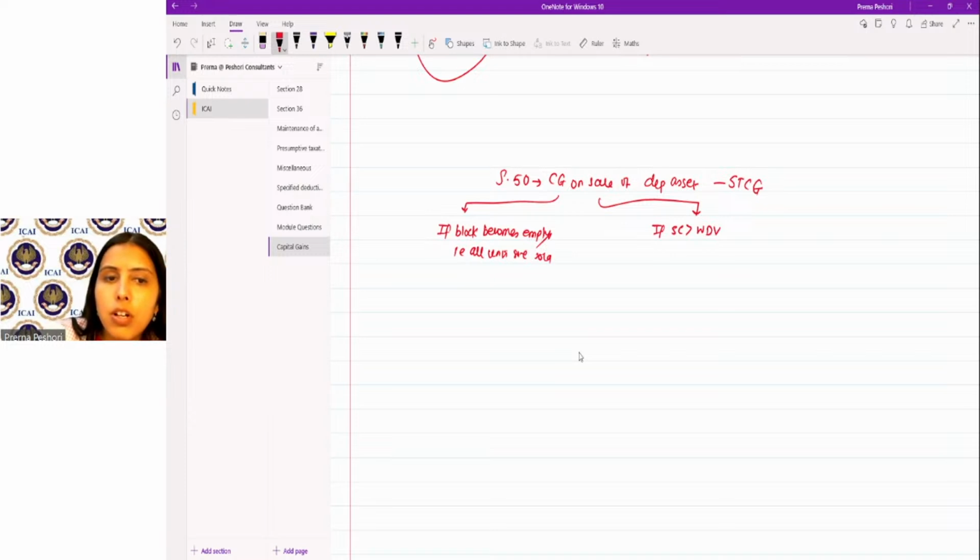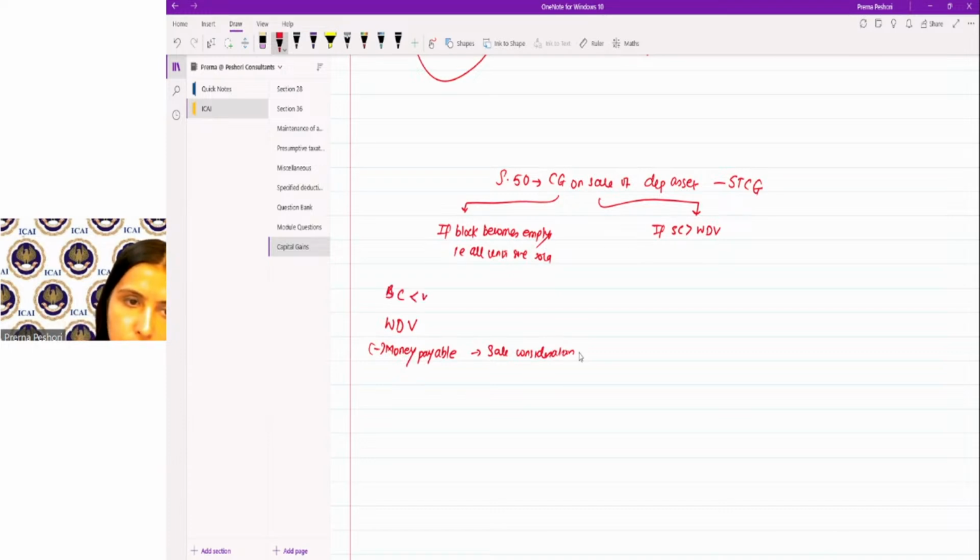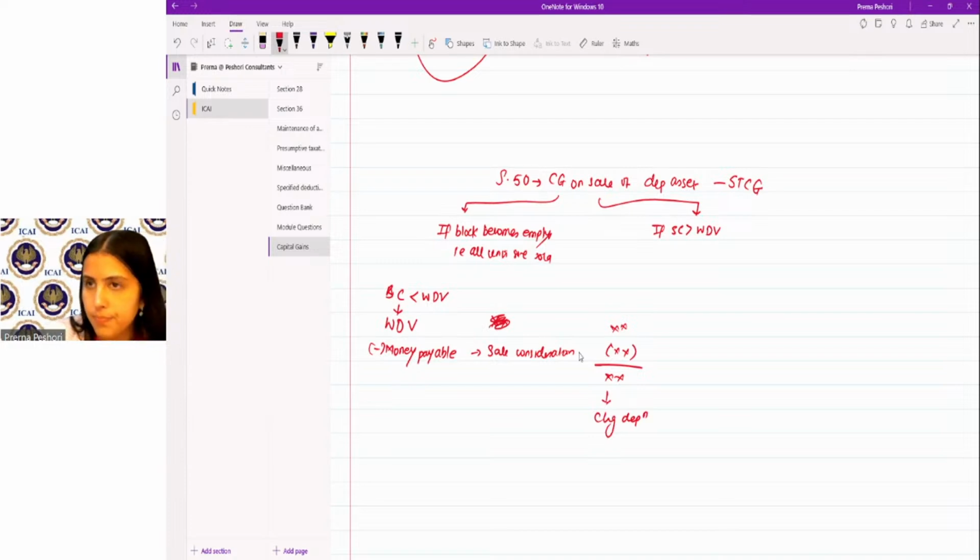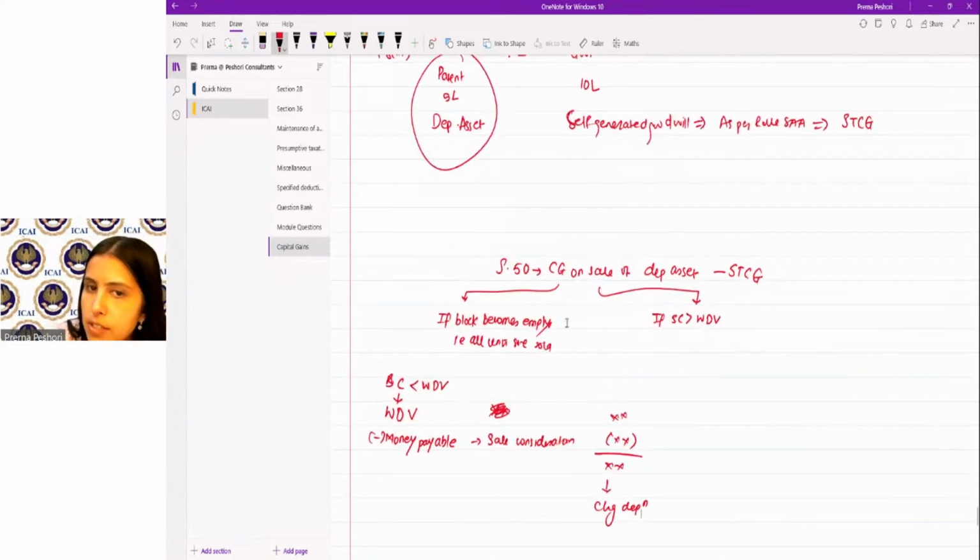Else, what you do? Else, you reduce from your WDV the money payable, which is your sale consideration. If your sale consideration is less than WDV, then you reduce the sale consideration from that, and on the balance amount, you charge depreciation, right? Now, understand, this is the computation under section 50.